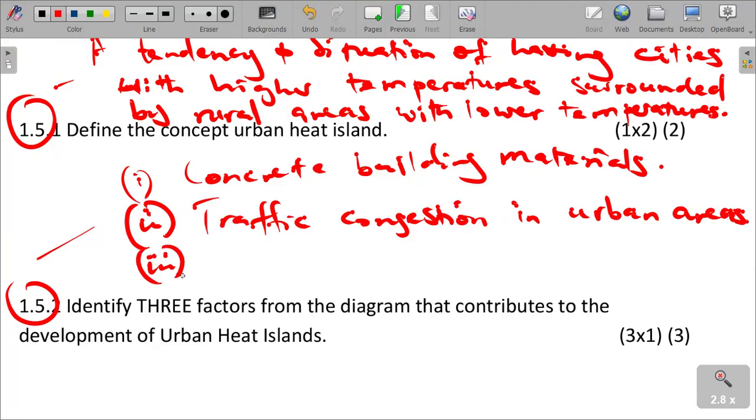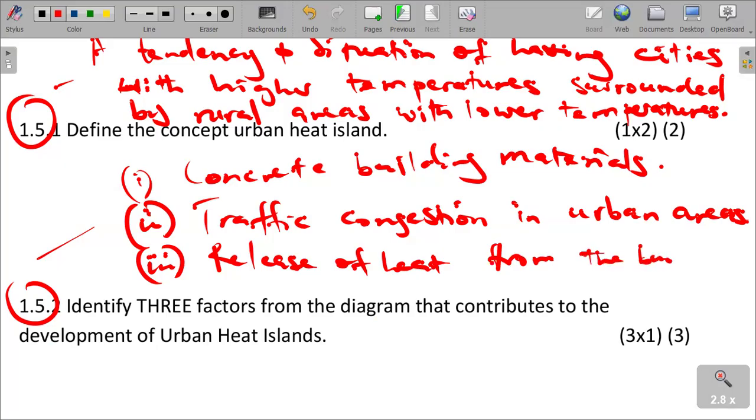We can talk about the release of heat from the buildings. The tall buildings are also releasing heat.